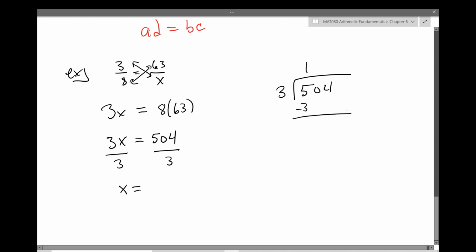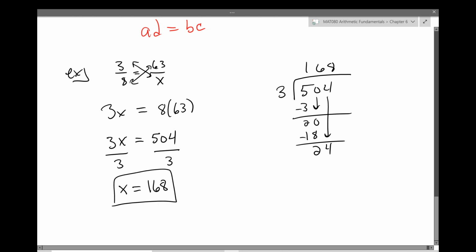It gives me a 3. Drop down the 0. 3 goes into 20 how many times? I think it's 6. It's going to be 18. Drop down the 4. And 3 goes into 24 8 times. So x equals 168. Okay?